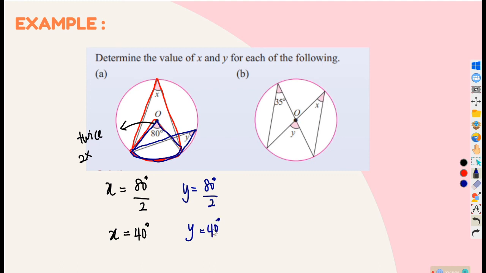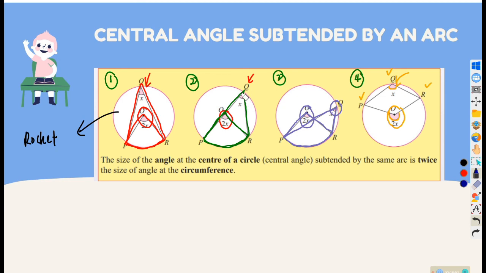Now you can see B here. This one is type Y. So you can see y and 35 here. If we go back, you can see this one is actually type 2.